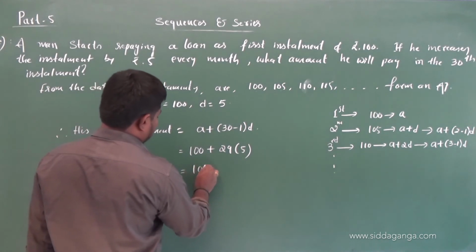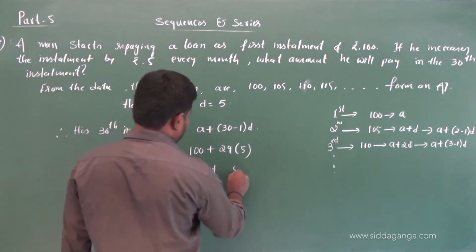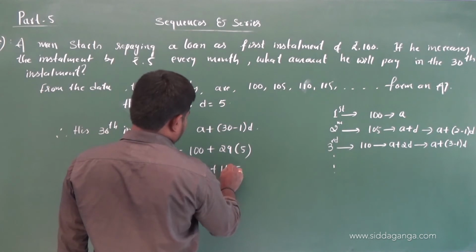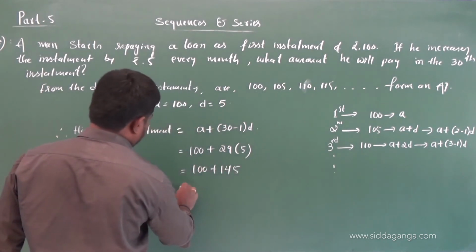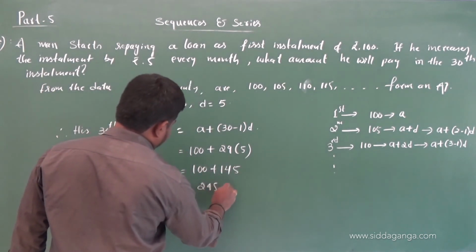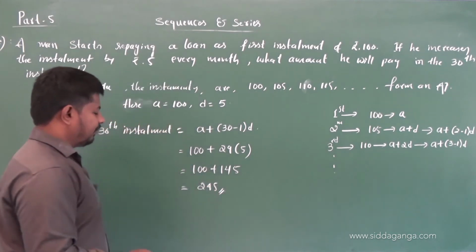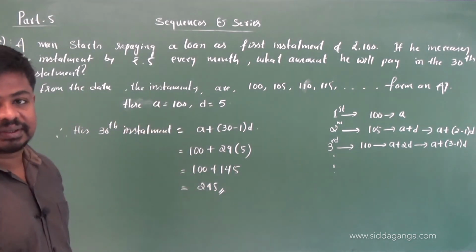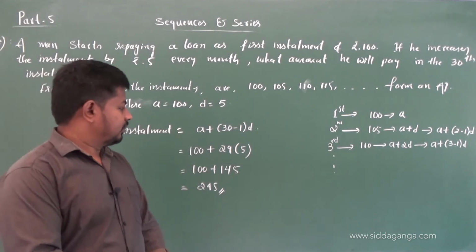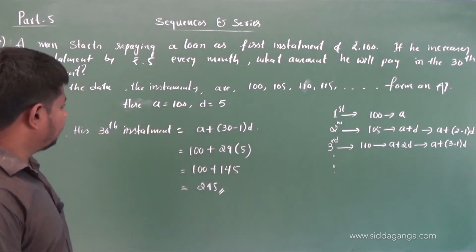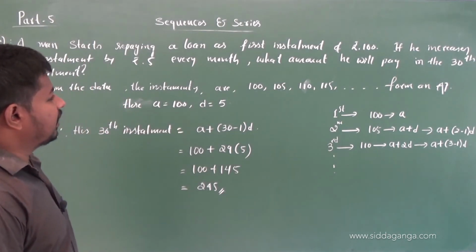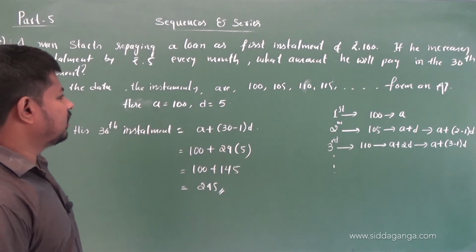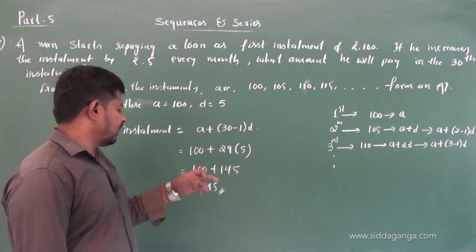So 100 plus 145, that is equal to 245. This is what he has to pay in the 30th month. The installment amount he has to pay in the 30th month is 245 rupees.